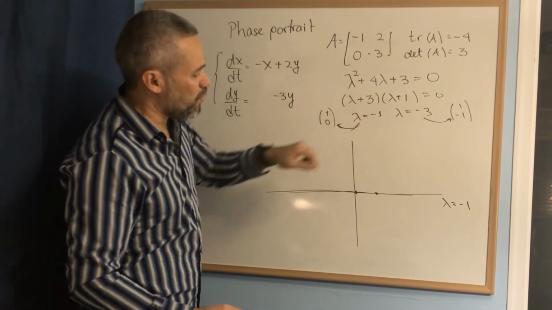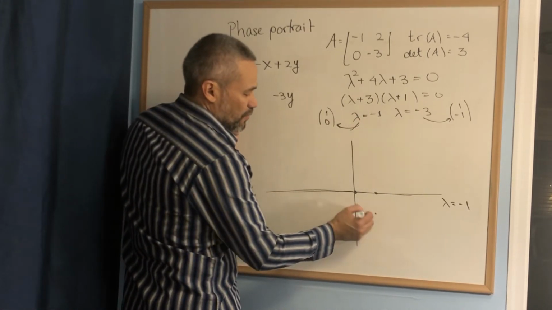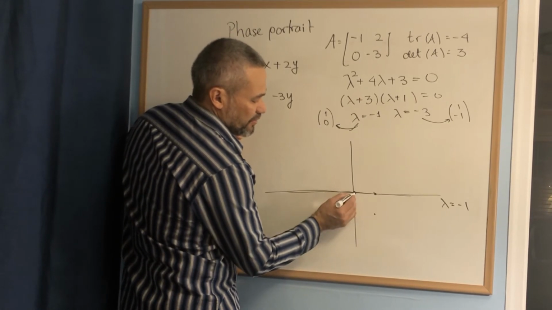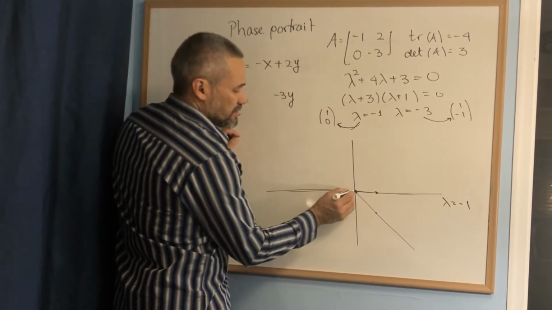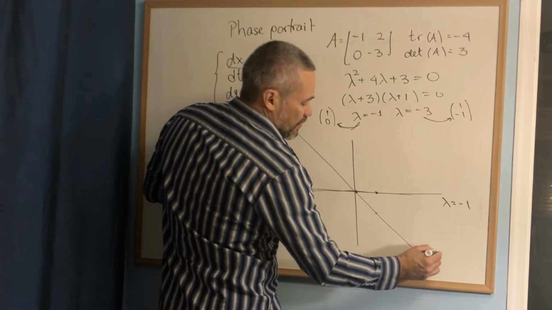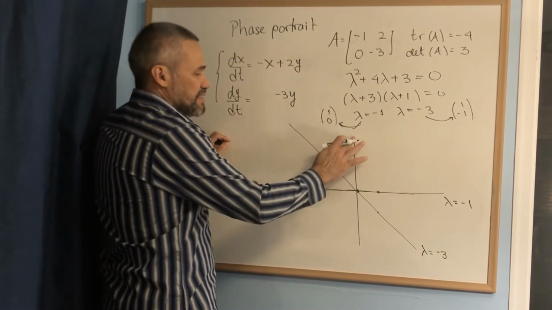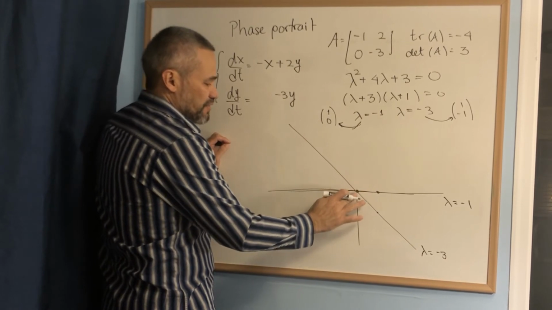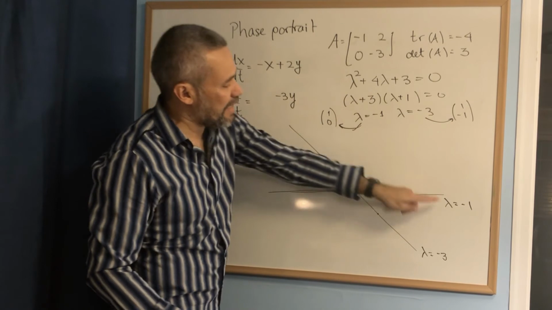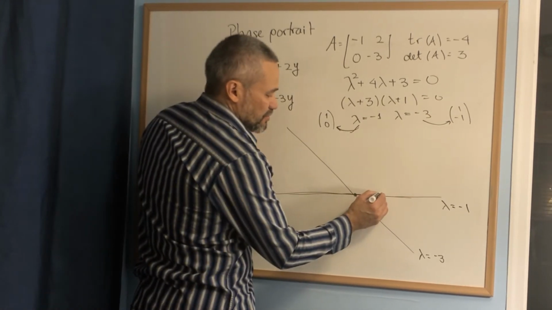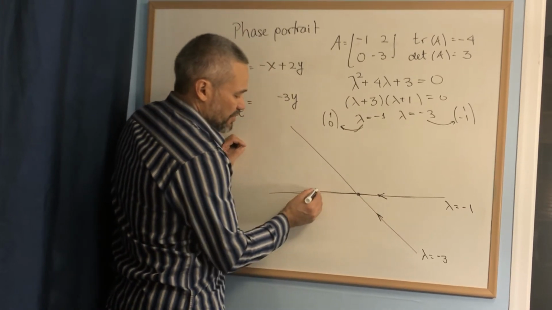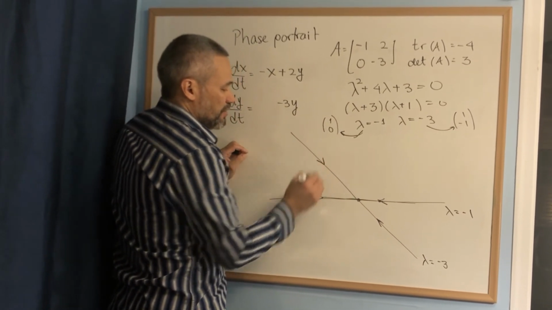The other line goes through (1, -1) and the origin, like this, and we label that lambda equal -3. Let's erase this one because it is not part of the phase portrait. Since the lambdas are negative, the direction on those lines goes toward the origin.